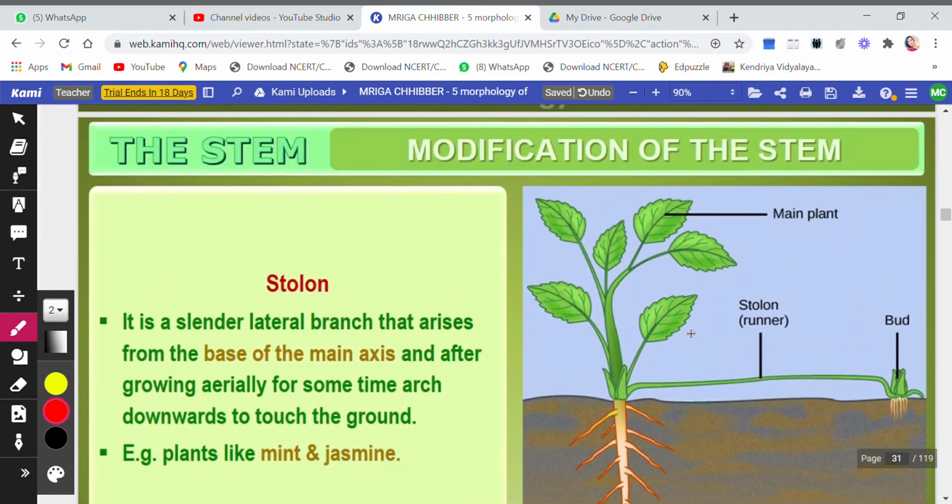Then we come to stolon. You see, these are the stolons. This is a stolon. It is a slender lateral branch. Vertical means it's like this.